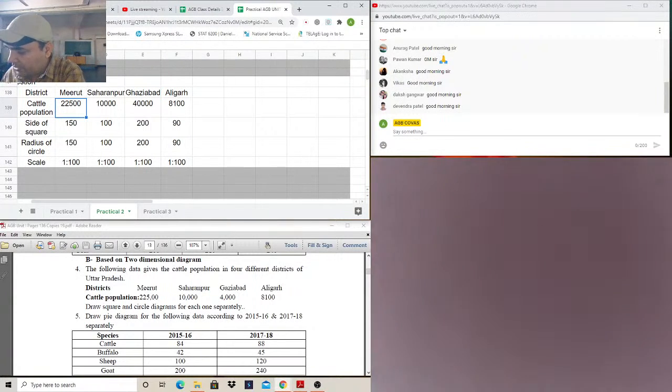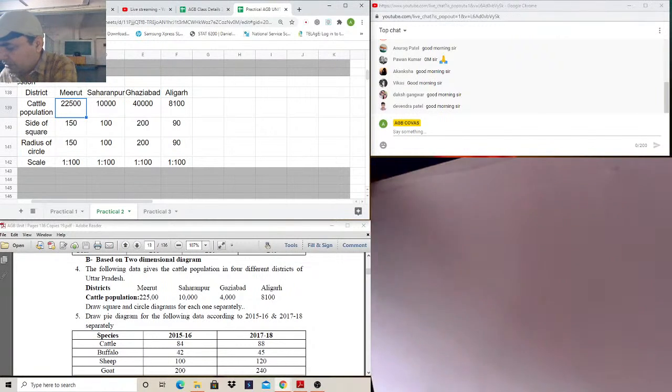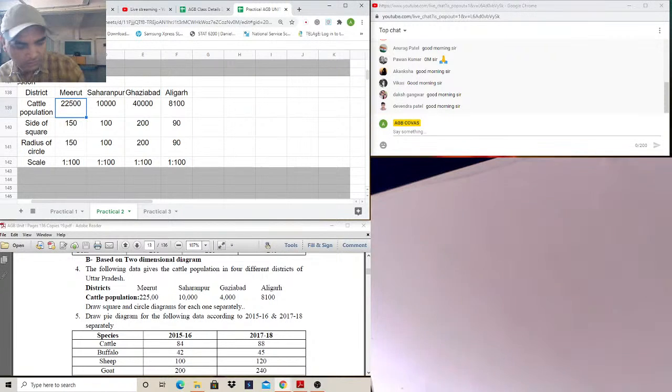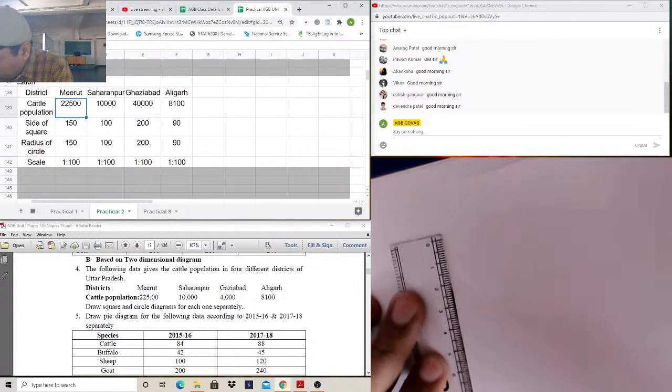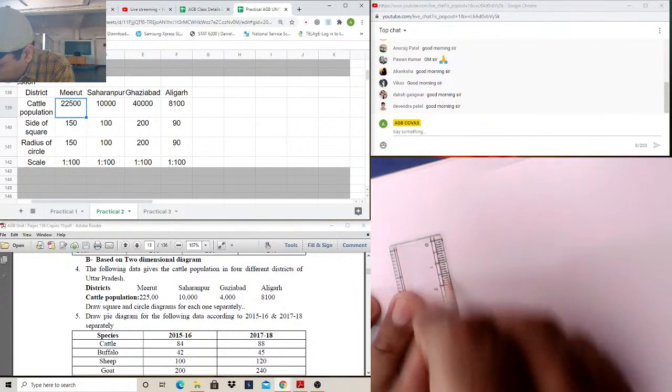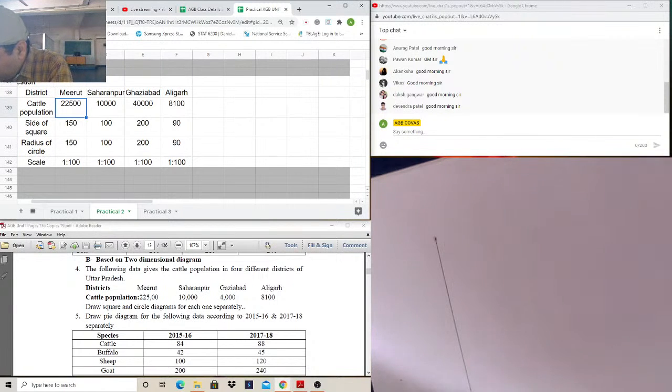So in this particular graph, I will be taking up a new page. Let one be your y-axis and one will be your x-axis.